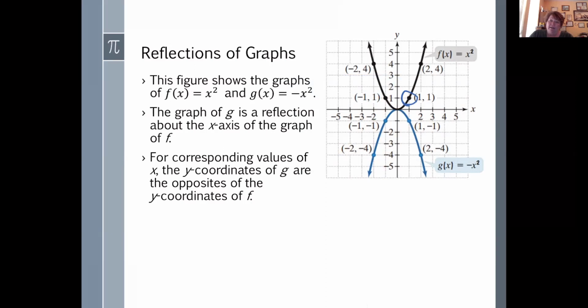So for the graph g of x equals negative x squared, if we input 1, we now output negative 1. It takes the entire graph of f of x and reflects it around the x-axis. For corresponding values of x, the y coordinates of g are the opposites of the y coordinates of f.